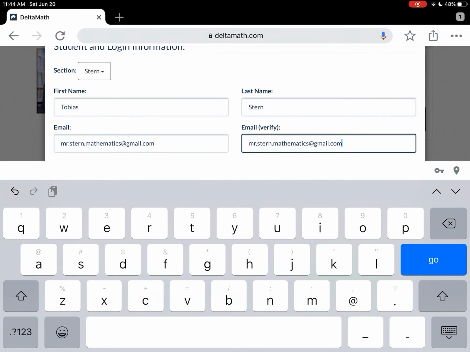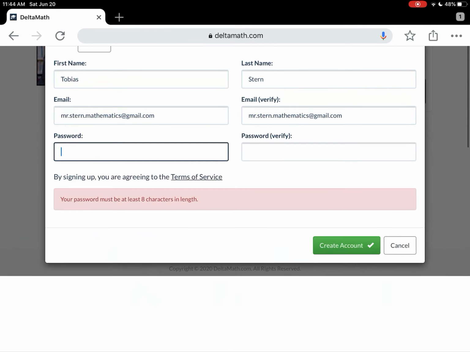Okay, and then it asks you to enter a password. I'm going to use my son's full name for that. Tobias Joshua Stern.